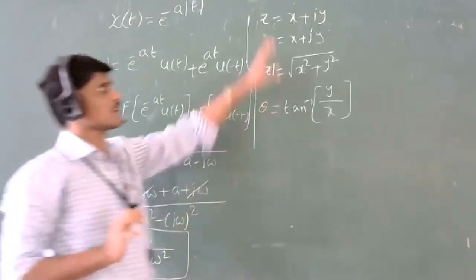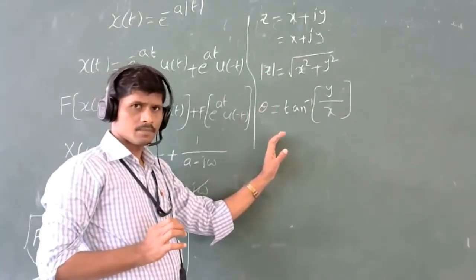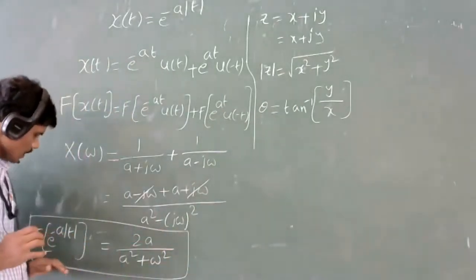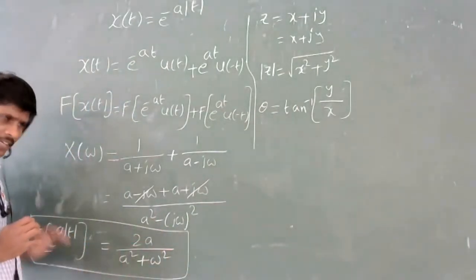Okay. So these are mathematics basics. Now coming back here, what is the Fourier transform of the signal? x of omega.